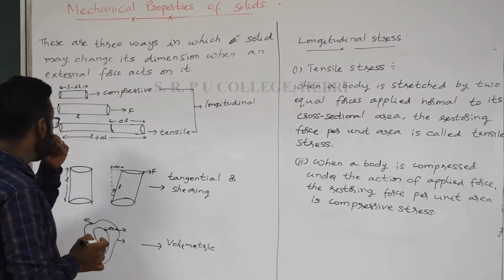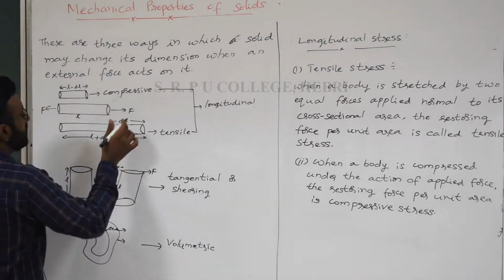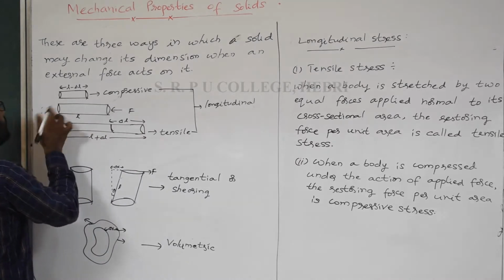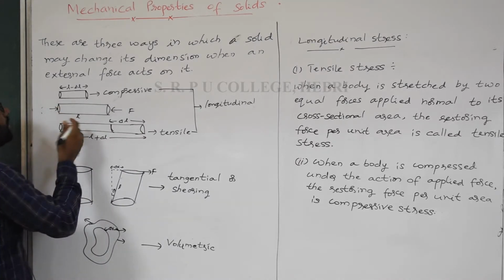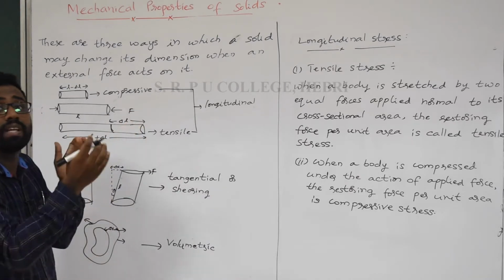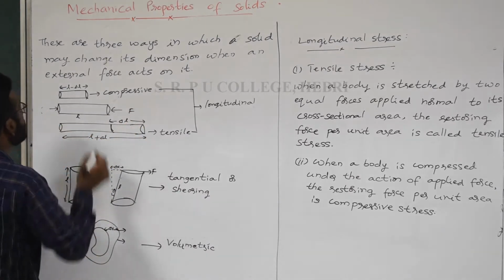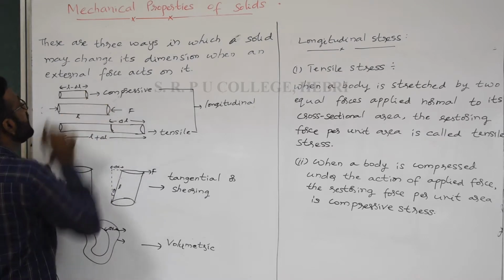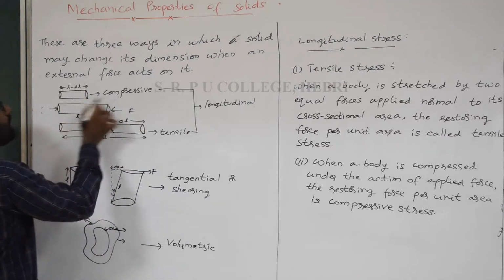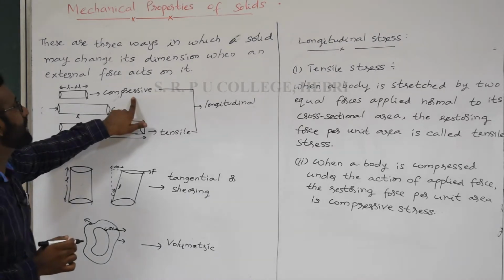Similarly, if I reverse the direction of force and compress, what will happen? The wire or cylinder we have taken here will get compressed. So what happens to its length? There will be a decrease in length by a quantity of delta L, and we say that it is compressive.